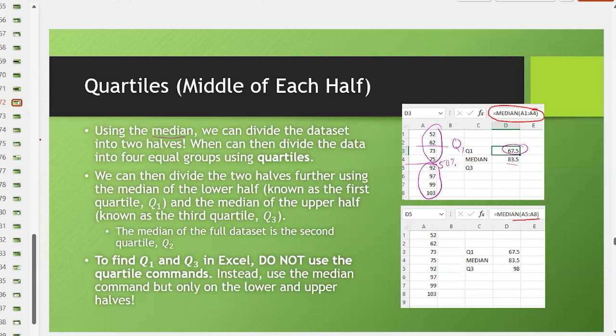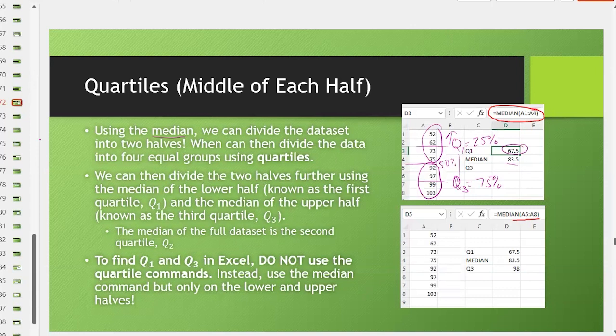It is the midpoint of the lower half of the data, but it's the 25% point in the data. 25% is below that point, 75% is above. Similarly, Q3, or the third quartile, is the 75% point, and it splits the upper half of the data.